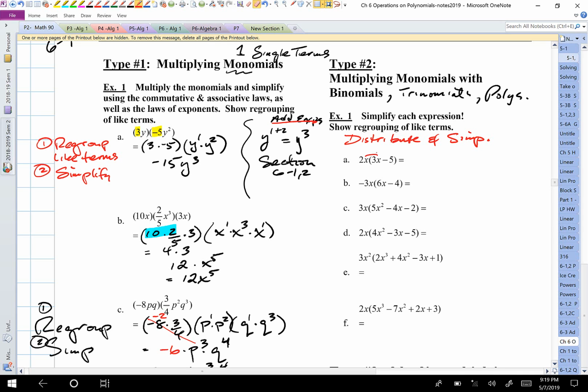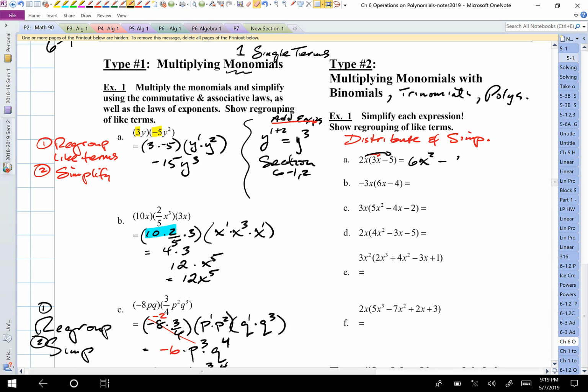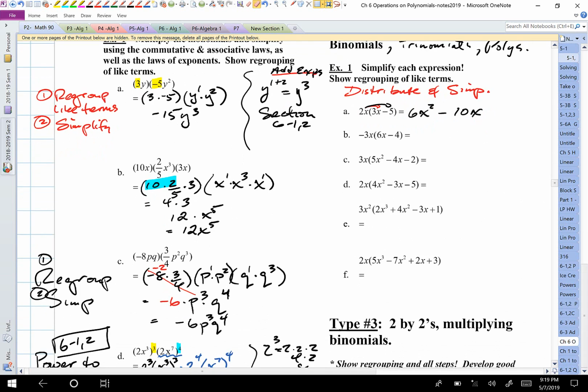So when you take 2x times 3x, 2 times 3 is 6, and x times x is x squared. So you get 6x squared minus, because there's a minus sign, and then 2x times the 5. And 2x times 5 is 10x.